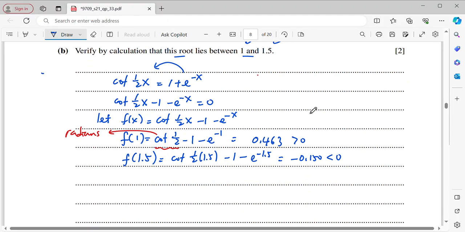So since now you have two different signs, one is plus, one is minus, then you just write down the conclusion. So there is a sign change.